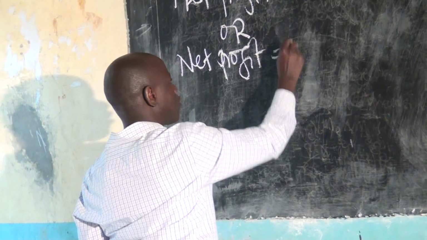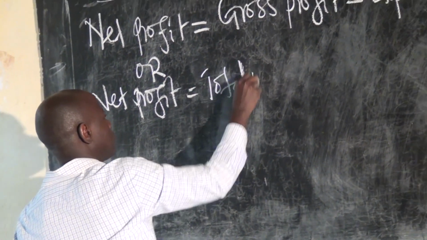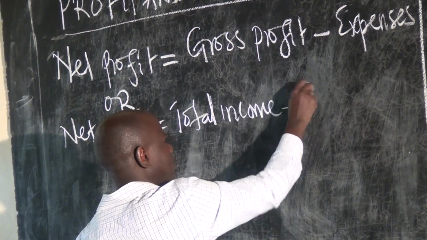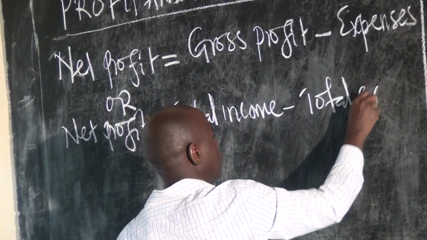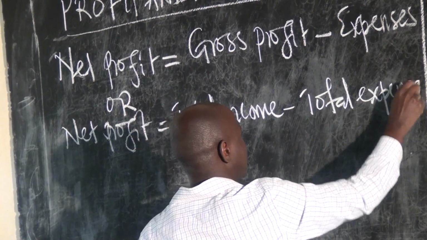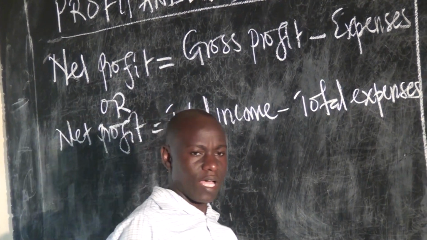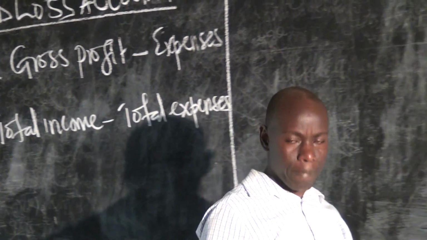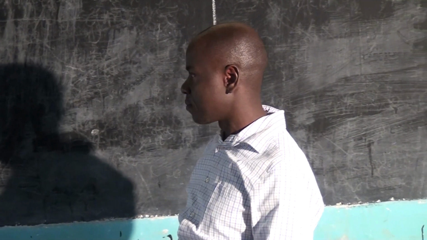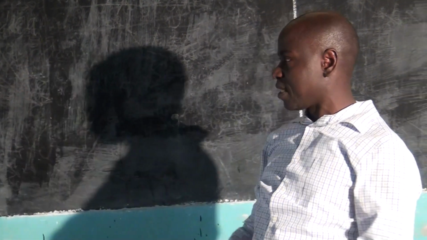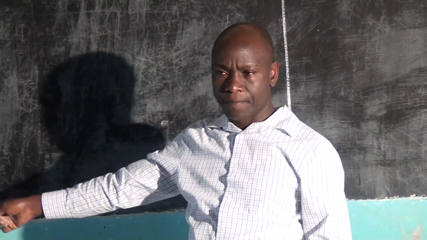The formula is total income minus total expenses. Remember, expenses are the things on which the business spends money for smooth running. So when we want to establish the net profit made by the business, we use that formula.